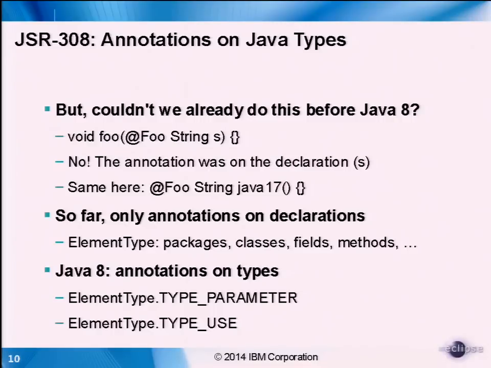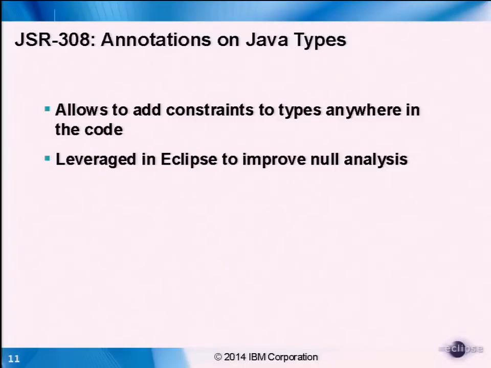And in Java 8, what you can do is you can really annotate the type parameters and the type references with annotations. And why is this extremely useful? Because it allows you to add constraints to your framework. The most widely known is probably the null annotations from Stephan Herrmann that you can use to annotate your code, whether it's null, non-null, or undefined.